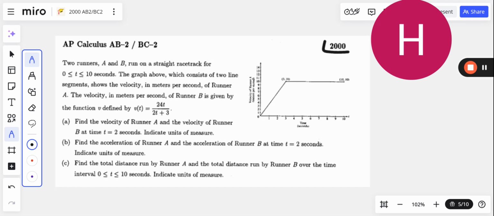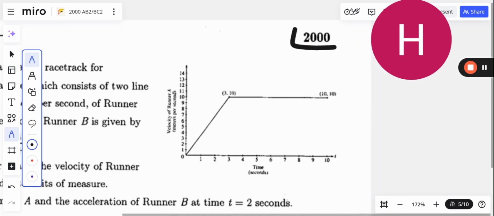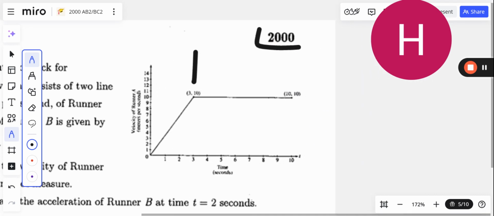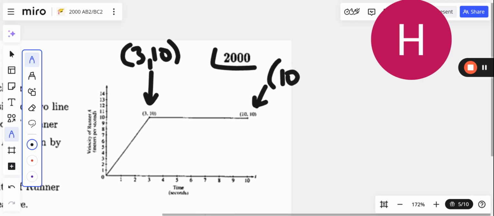Okay, anyways, today we have a nice problem from the 2000 AP Calculus exam. This was on the AB and the BC exam, so if you're in AB, you can totally handle this. I do just want to indicate that these are straight line segments with the points (3, 10), and then we have a flat line segment that goes up to (10, 10).